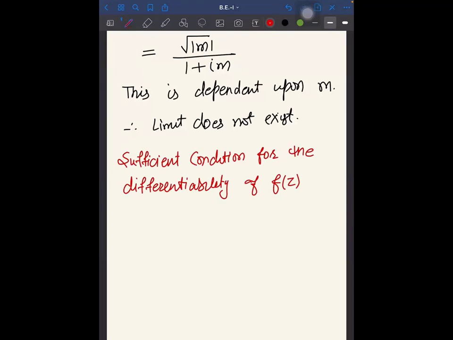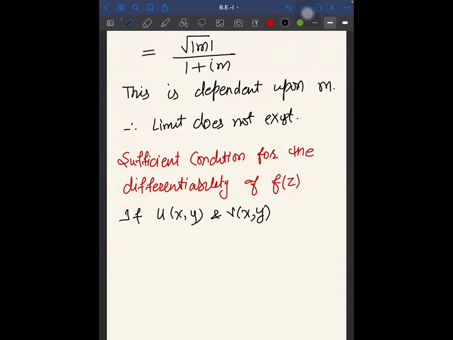In order to get a sufficient condition, so that if this condition gets satisfied, then the function will always be differentiable, that's what we're gonna do. We are not going to the proof of all these things. We'll only state that condition and we're gonna use that. So the condition is if u(x,y) and v(x,y).